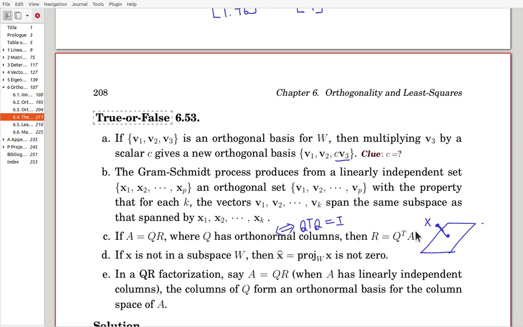In a QR factorization, say A is QR, when A has linearly independent columns. We start with A having linearly independent columns. The columns of Q form an orthonormal basis for the column space of A. Is it true?